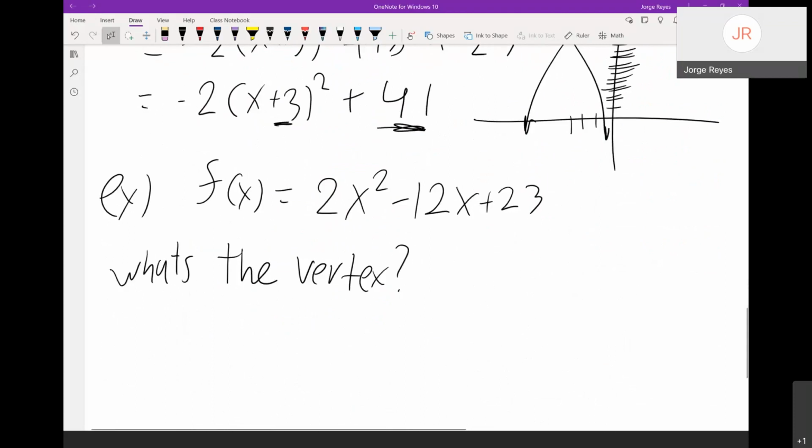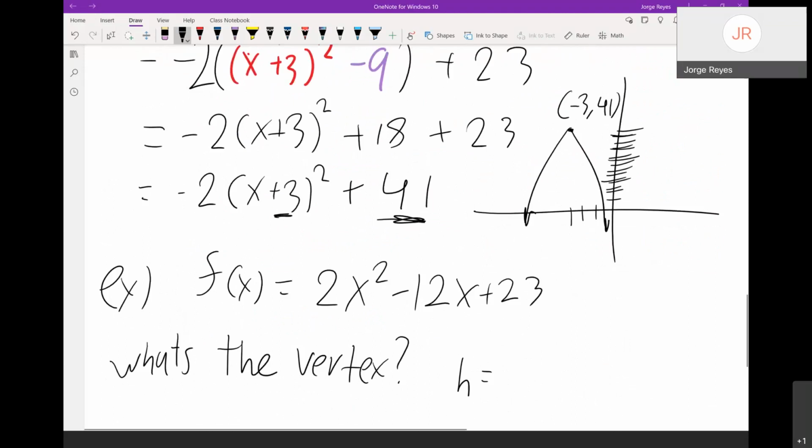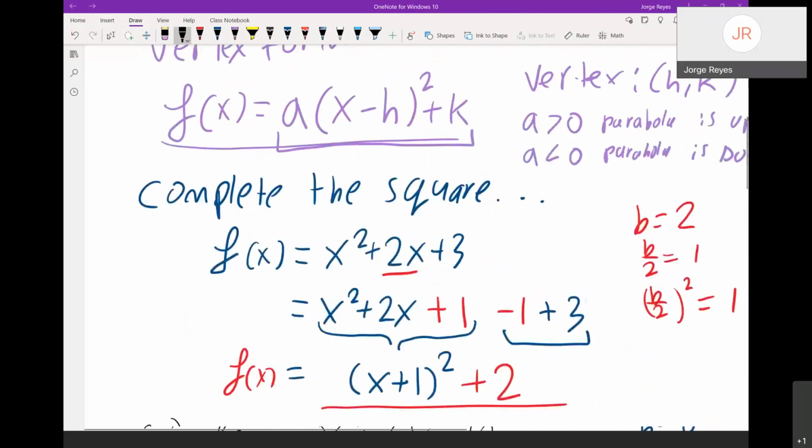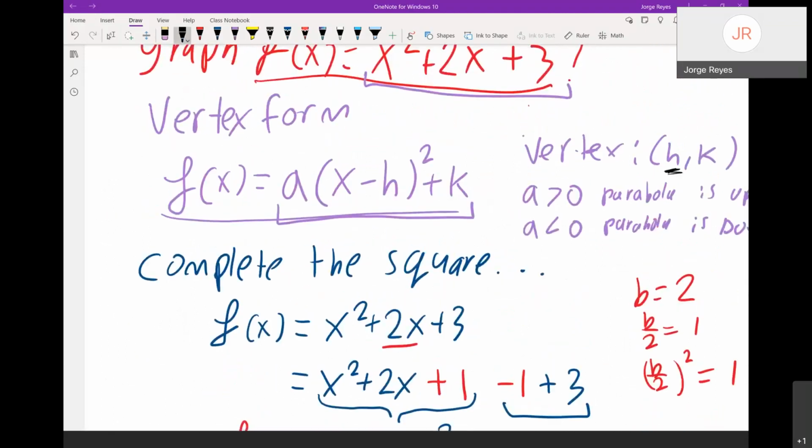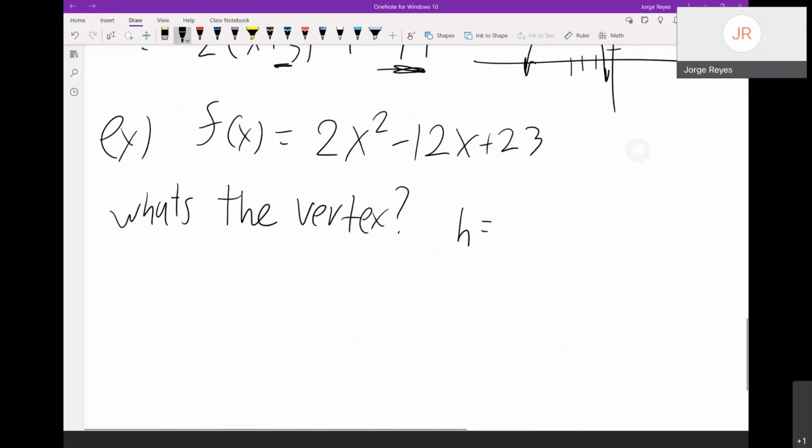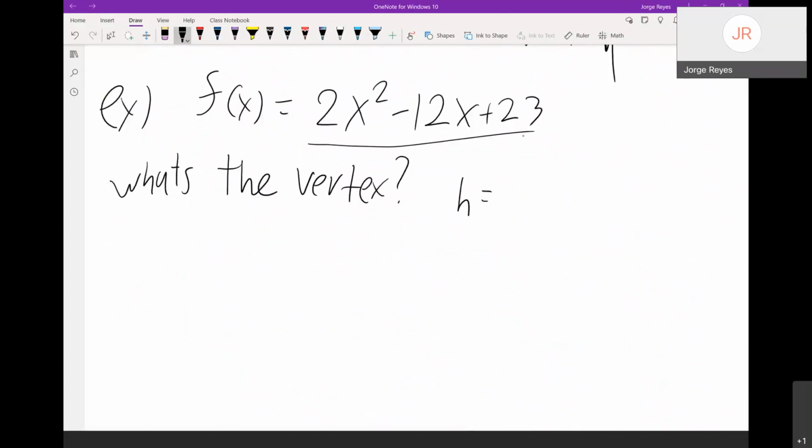It's with this formula. The formula is h, which we know is the x coordinate of the vertex. If your parabola is in standard form, h is going to be equal to negative b over 2a. I know a lot of students like memorizing this formula and doing it this way, so I'm going to highlight it.